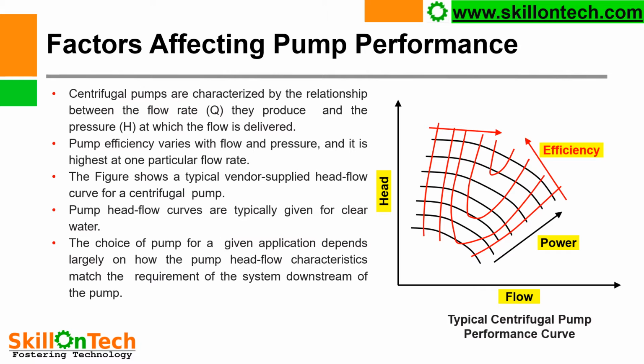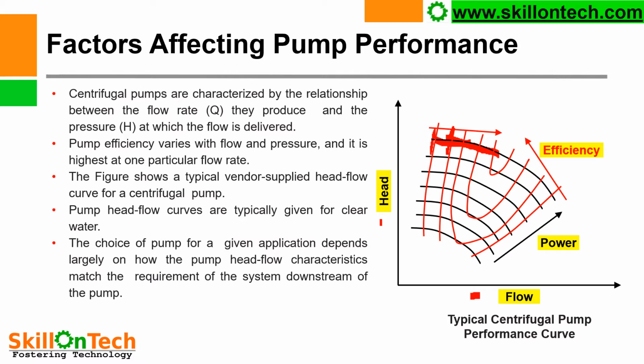Factors affecting the pump performance. You can see an efficiency curve and a pump characteristics curve. Here this is head, this is flow, these are the efficiency curves and this is the pump characteristics curve. Centrifugal pumps are characterized by the relationship between the flow rate Q they produce and the pressure H at which the flow is delivered.